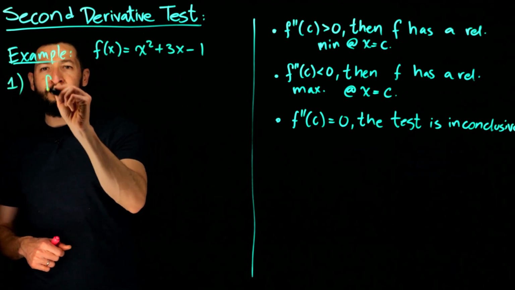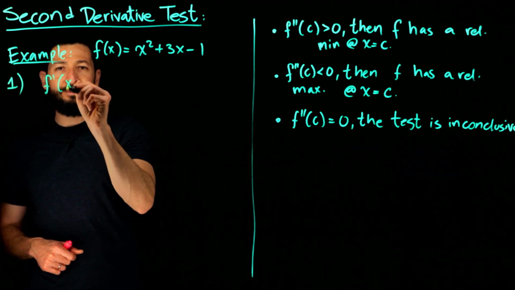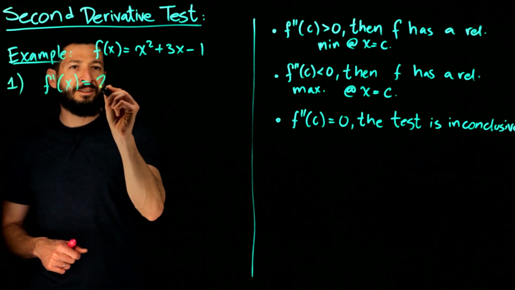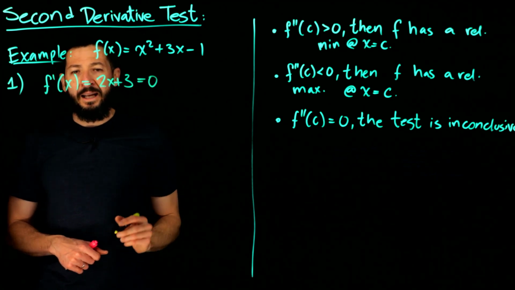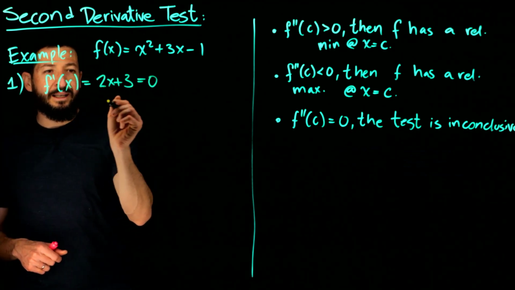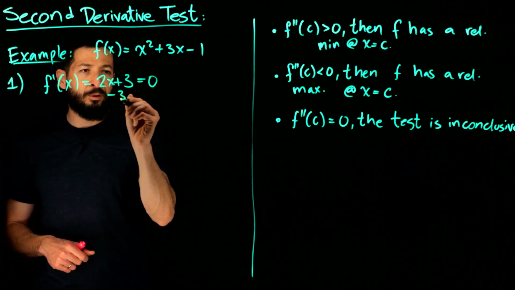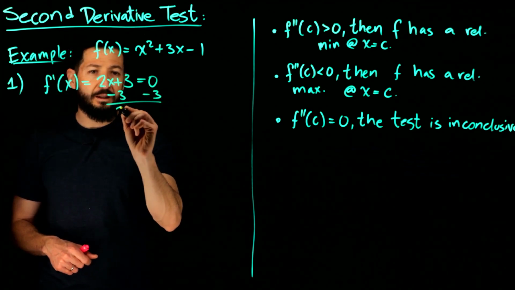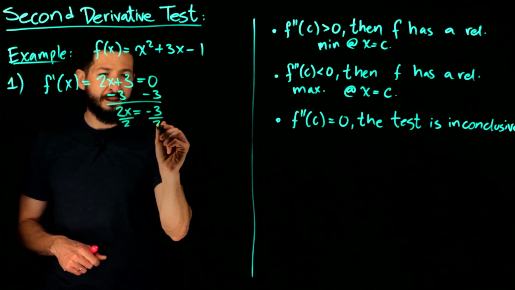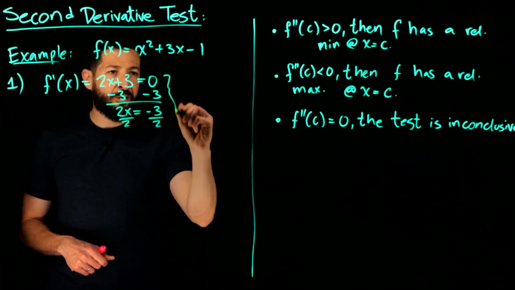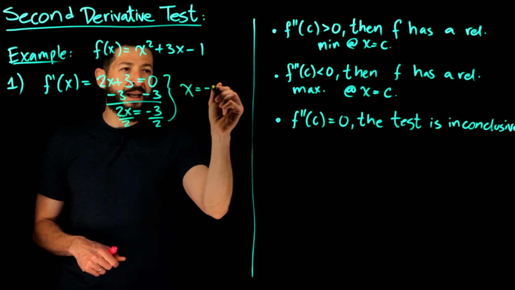For polynomials, that means you take your derivative and set it equal to 0. In this case, 2x plus 3, and set it equal to 0. When you solve this, you subtract 3 on both sides, divide by 2, and you get that your critical number is x equals negative 3/2.